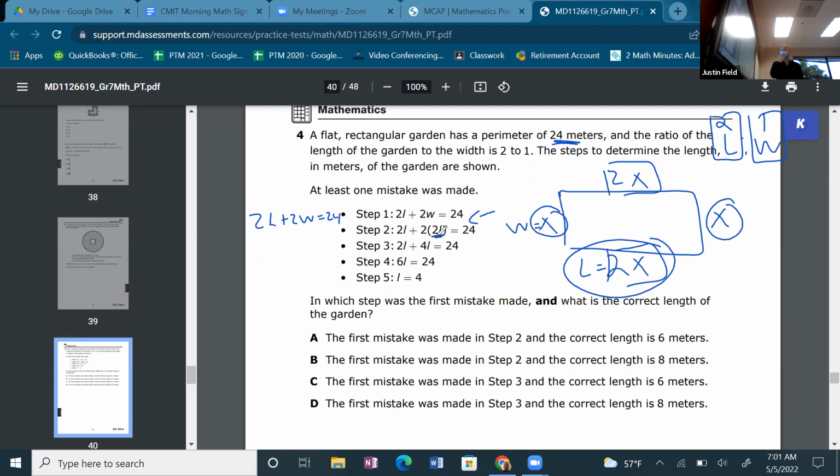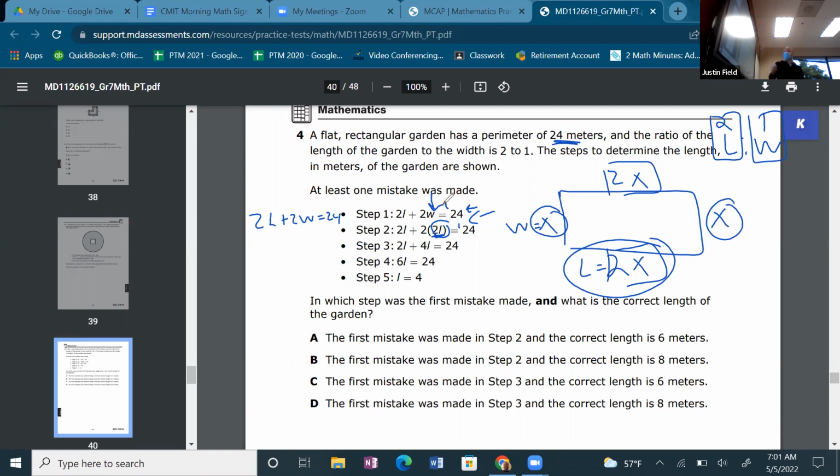But what did they substitute 2L in for? What did it go in place of? What letter was right where the 2L is in the first line? Where you see the W next to the 2?